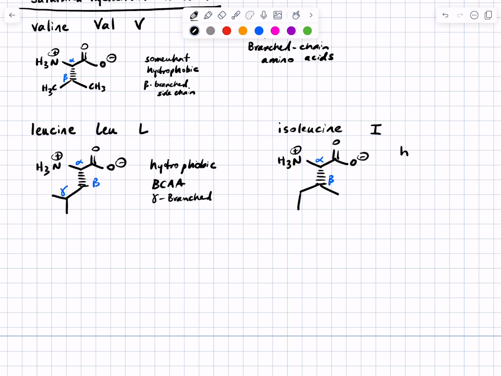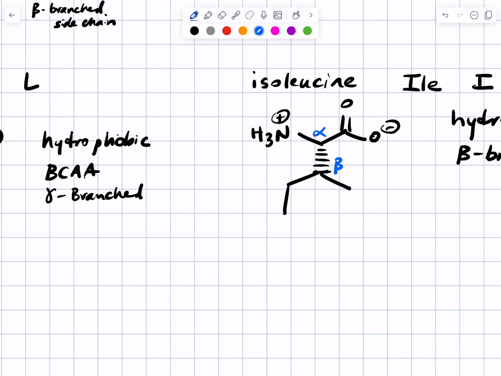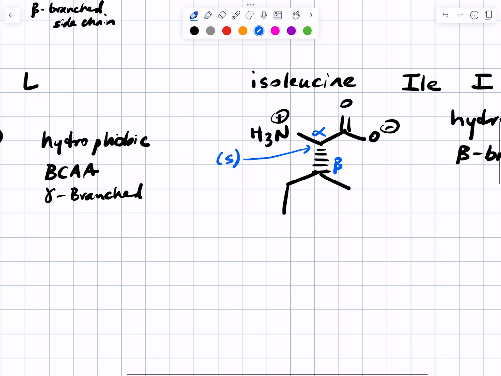Its 3-letter code is ILE, its 1-letter code is I. Like leucine, it's hydrophobic. Unlike leucine, the branch point is at the beta carbon. The stereocenter at the alpha carbon in isoleucine, as with the other alpha L amino acids, is S.